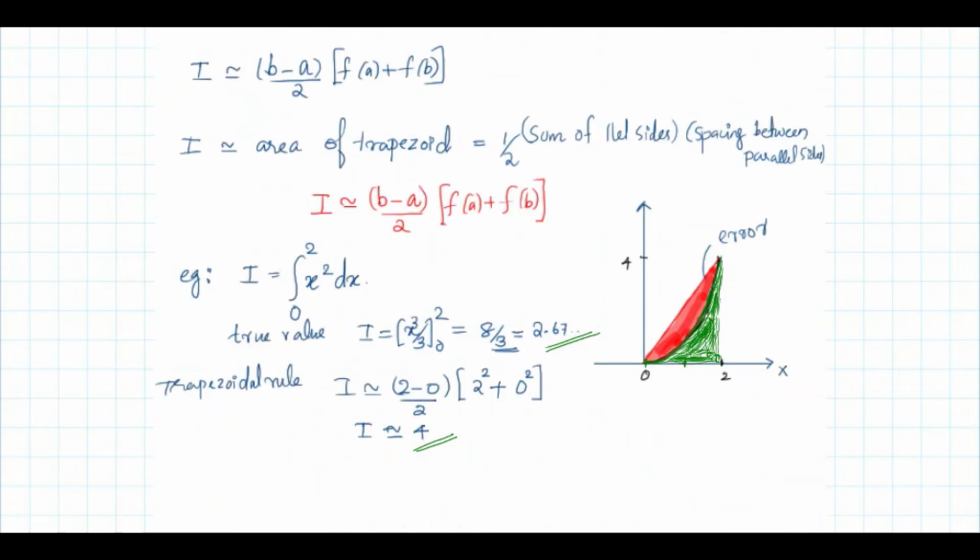That is the equation of the area of a trapezoid: half into the sum of parallel sides into the spacing between them. That is why it is known as the trapezoidal rule, because this is actually the area of a trapezium.